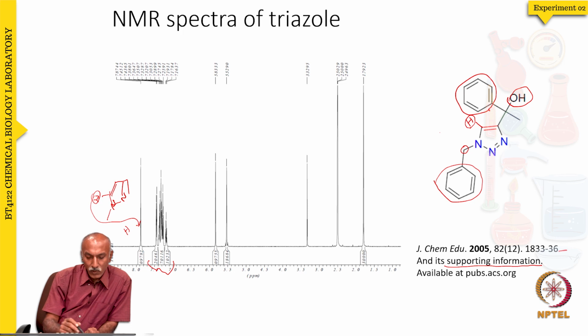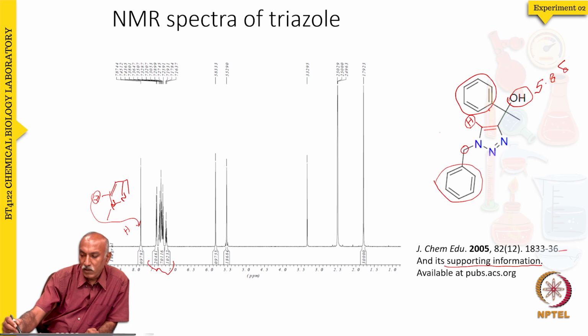Okay. And you will also see another peak at about 5.8 for one proton, that corresponds to the delta value at 5.8, corresponds to the OH.